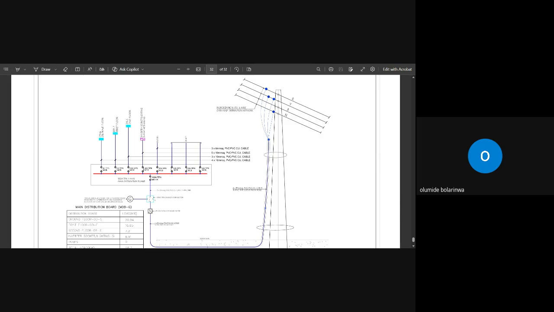Now, let's do small measurements. Have you recorded 12 meters? Yes, sir.